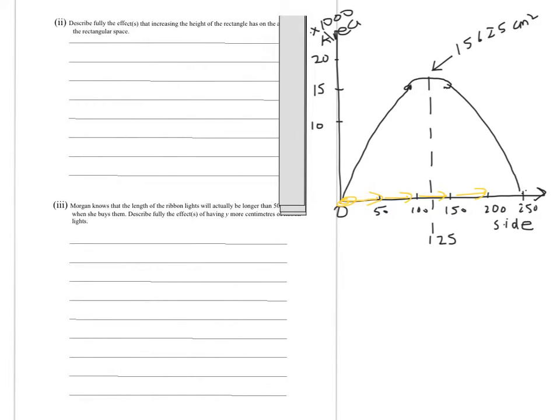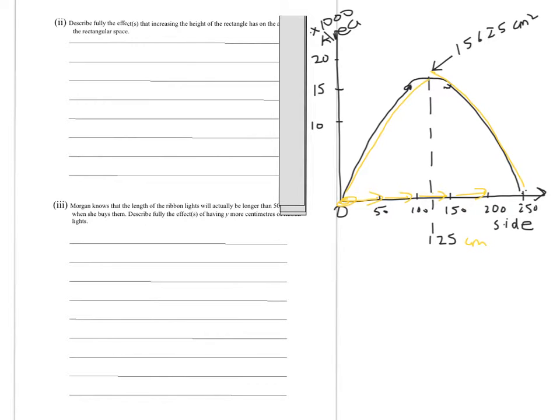So the area increases to a maximum area when the length is 125 centimetres. And then the area decreases again down to a maximum side length of 250 centimetres, and the area is 0 again. So that's the effect of increasing the height. It increases to a maximum and then it decreases again.